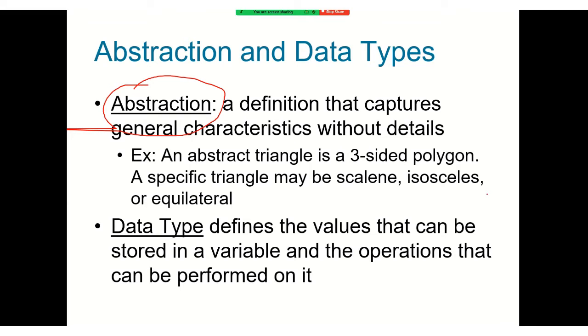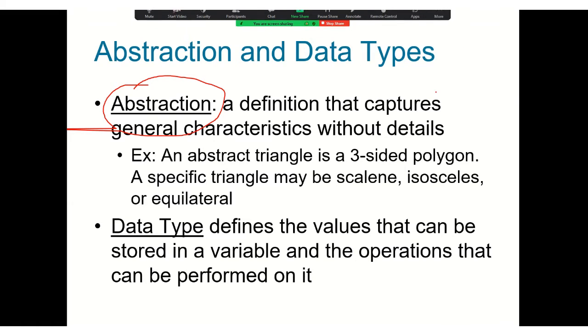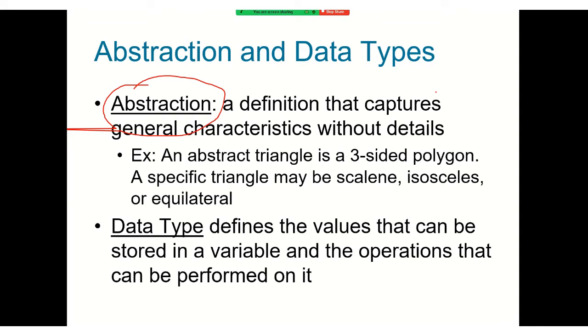For example, the term dog is an abstraction. It defines a general type of animal. The term captures the essence of what all dogs are without specifying any detailed characteristics of any particular type of dog. So that's pretty much what an abstraction is.